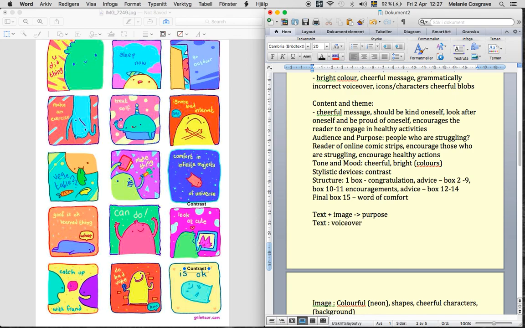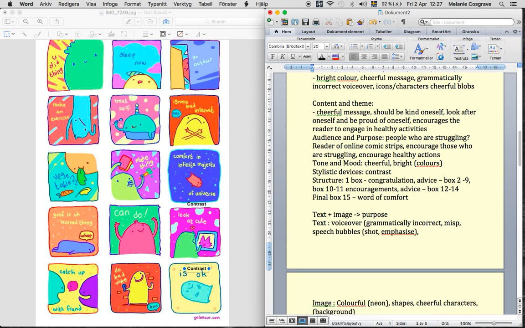and we have speech bubbles. Now, there are very few speech bubbles, and these speech bubbles are short, and they serve to emphasize the message in the boxes, in the panels, rather. Then the voiceover, it is grammatically incorrect.